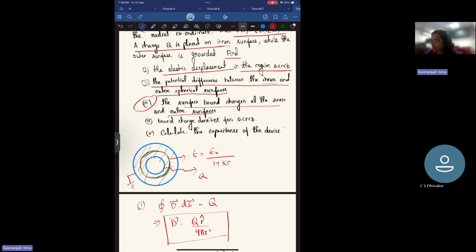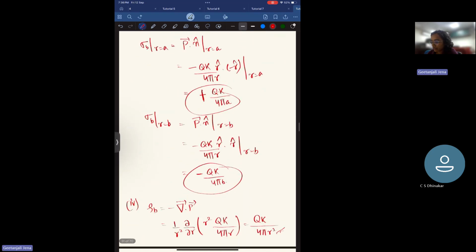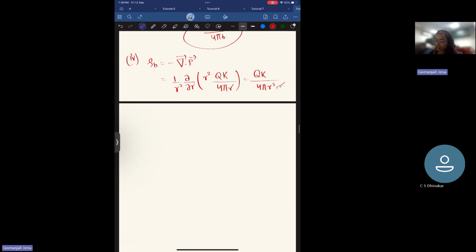For the last option, we need to calculate the capacitance of the device. We know the electric field, we know the potential. If you just divide Q by V, then we can find the capacitance.